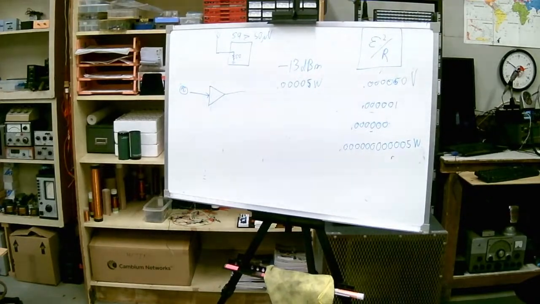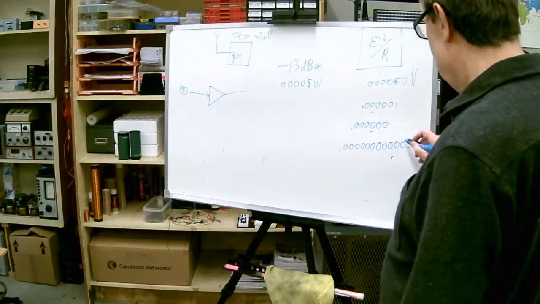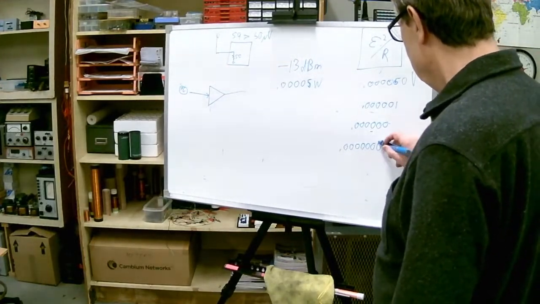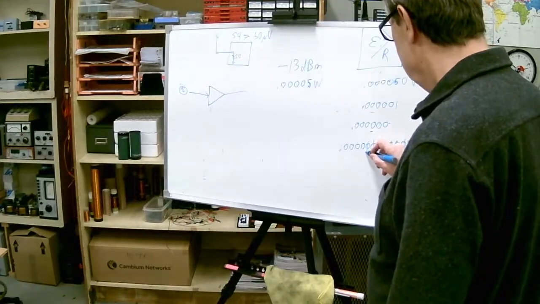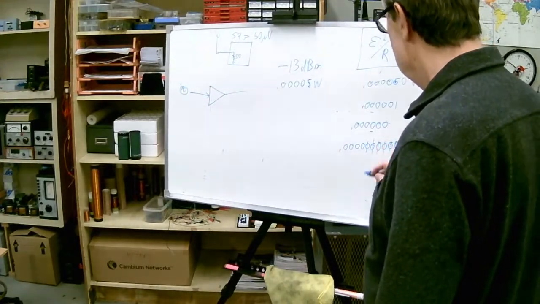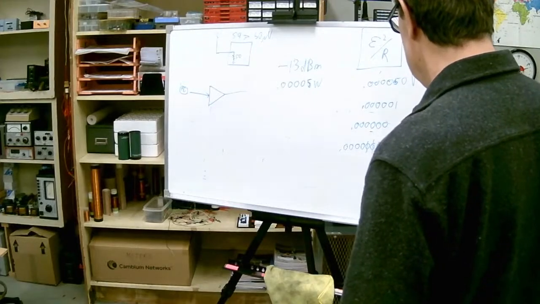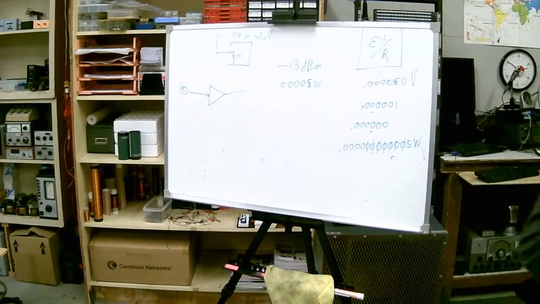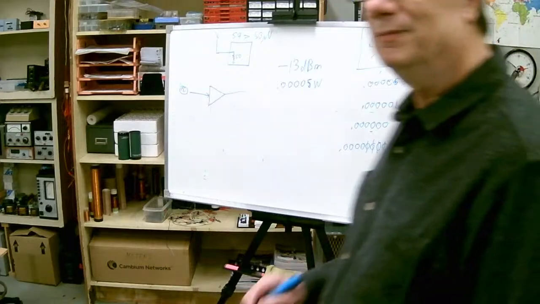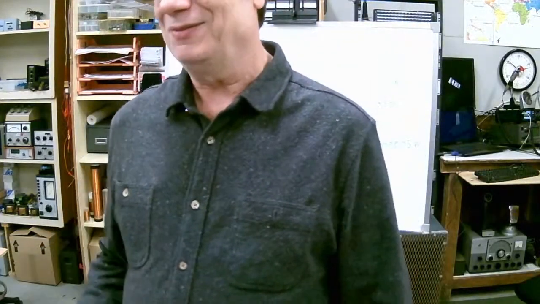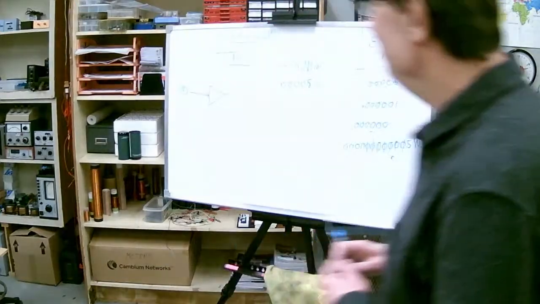So we want to get rid of 7 zeros. 5, 6, 7, 10 million, that's right. So we need a 10 million to 1 power gain between the antenna and the headphones, and that's not even putting a speaker on. 10 million to 1 power gain.